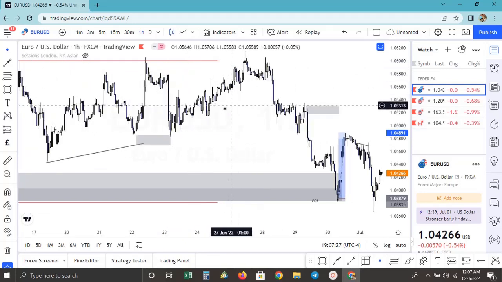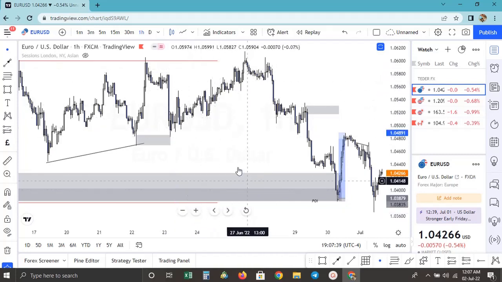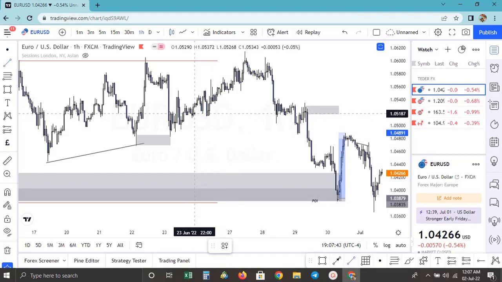Alright, after the break of structure right from here, there is no clear trading information, but I had this area here as my area of interest, this order block.